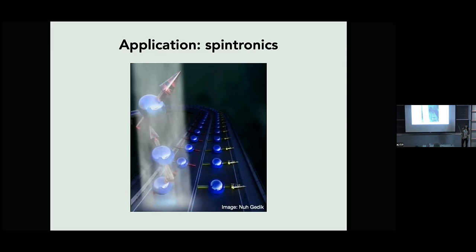In order to control electron spin, you need some handle to control it. If you have this spin momentum locking, then maybe it's easier to control momentum than spin, and that would give you another handle by which you could control electron spin. So there's a branch of research where people are looking into whether we can use topological insulators for spintronic applications.